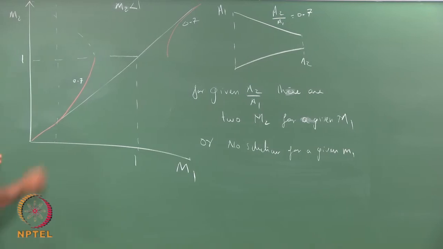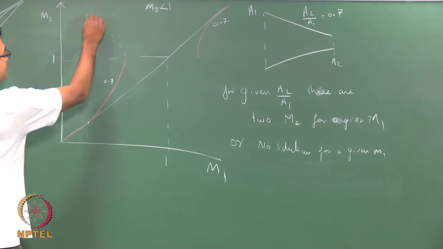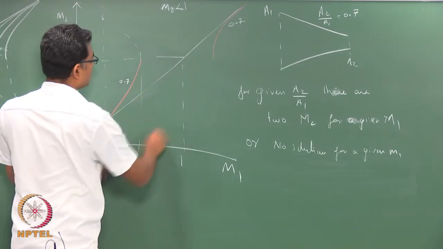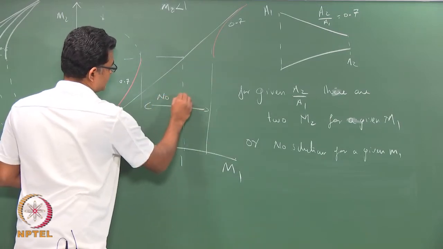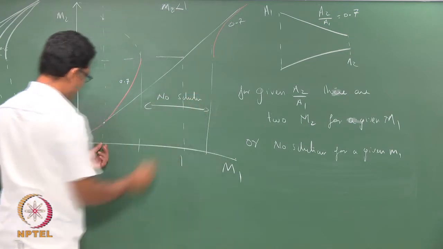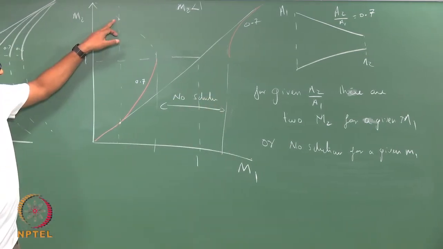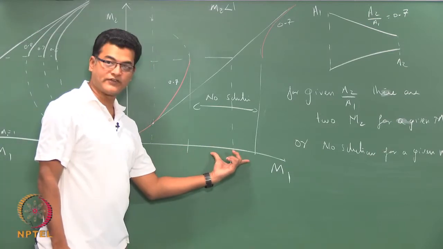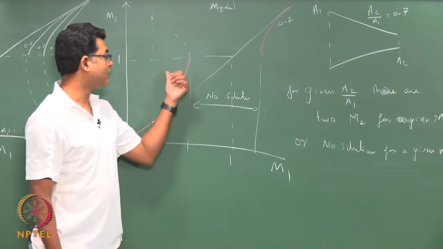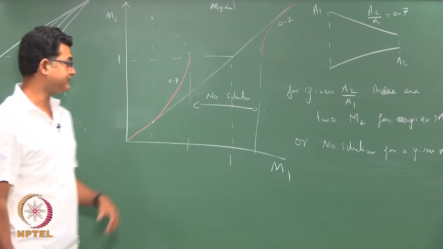So for this M1, I have two solutions, one supersonic and one subsonic, or for this range of M1s, I have no solutions for this particular A2 by A1.